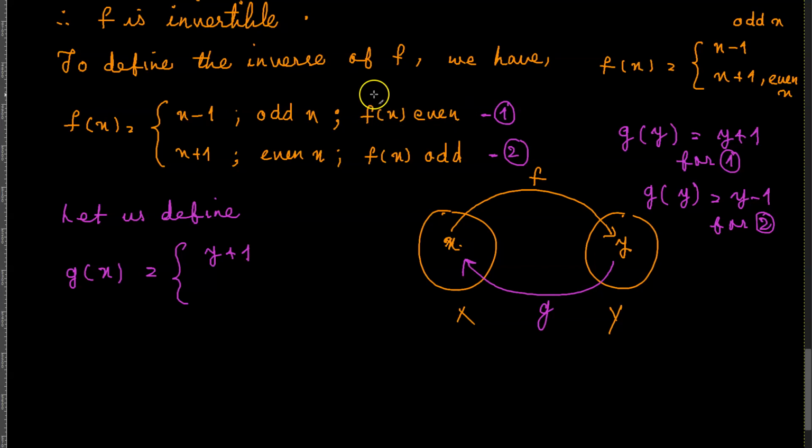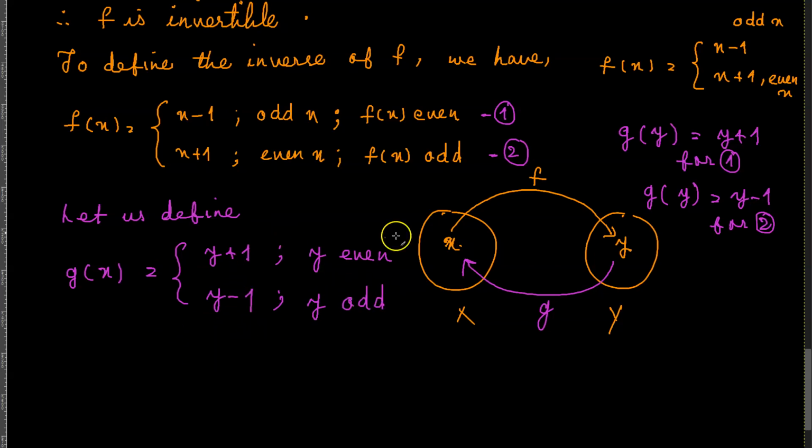So that means that this is the output of this function, which becomes the input of this function. So here y is supposed to be even, this is for even y's. And over here, g of y is equal to y minus 1, which is, on the other hand, for odd y's.